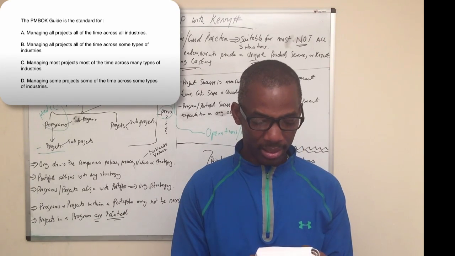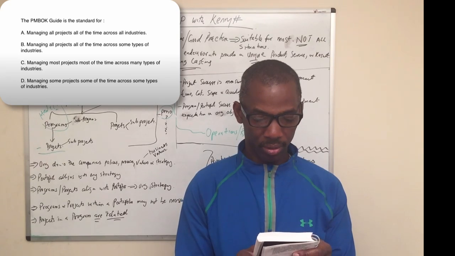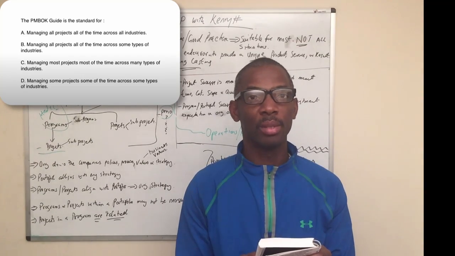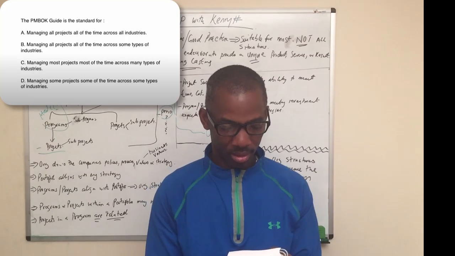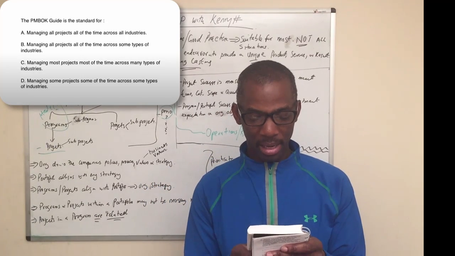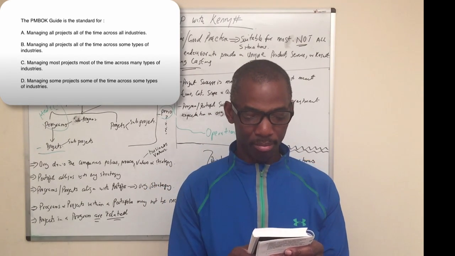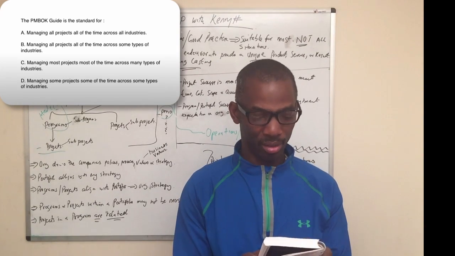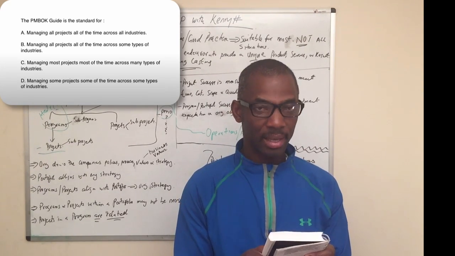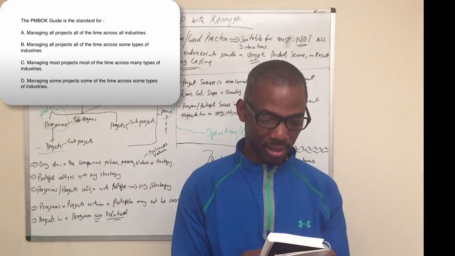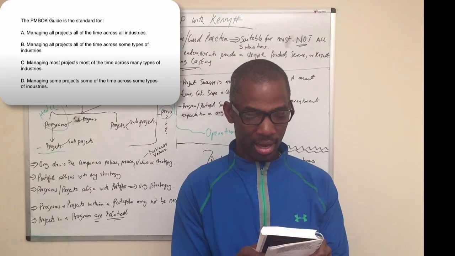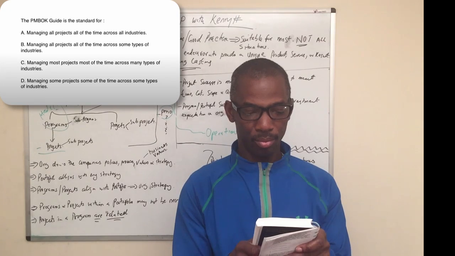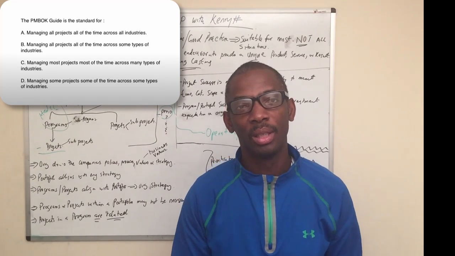B, managing all projects all of the time across some types of industries. C, managing most projects most of the time across many types of industries. D, managing some projects some of the time across some types of industries.